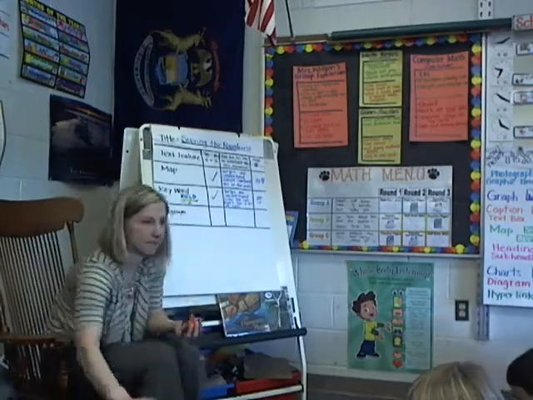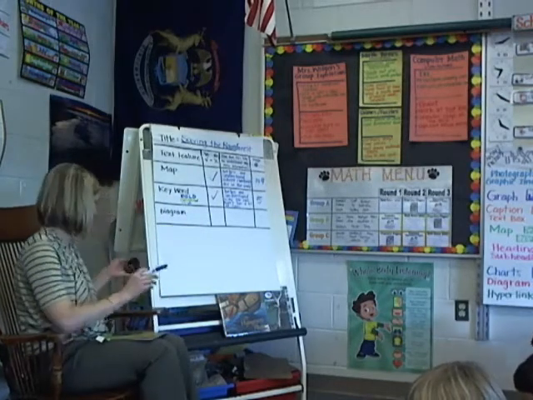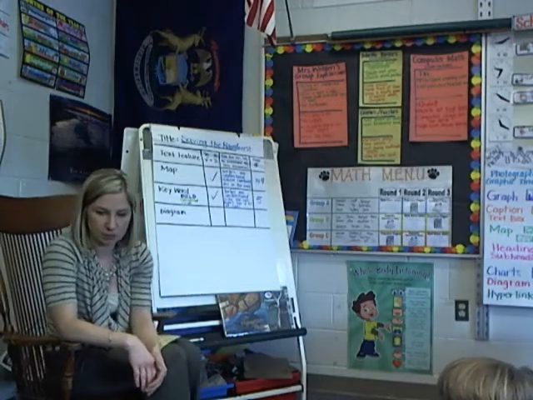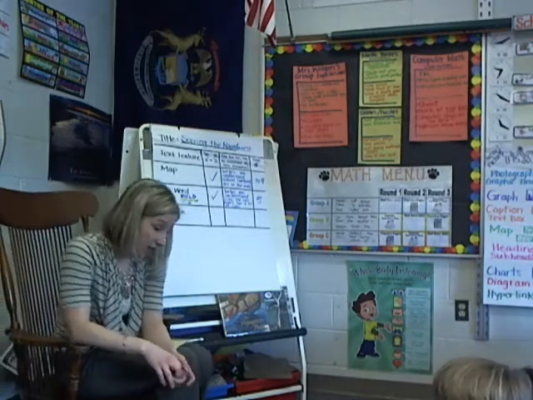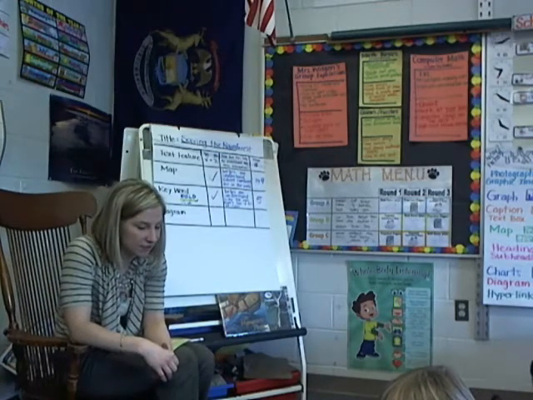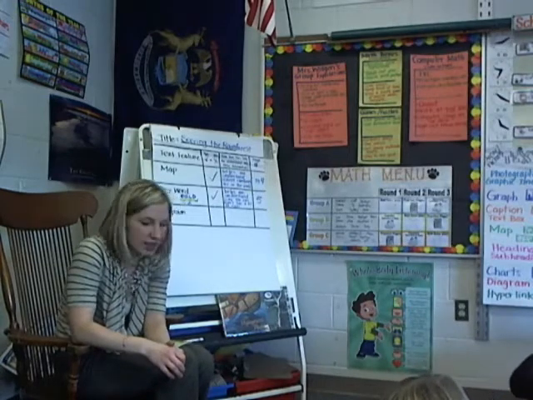I found one. You're just quietly looking for that keyword in your text. You want to look at it and think, how is that helping me? If I know that word, how does it help me understand the text? You're looking for that key word.